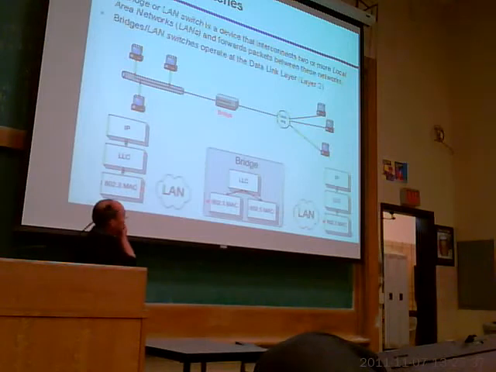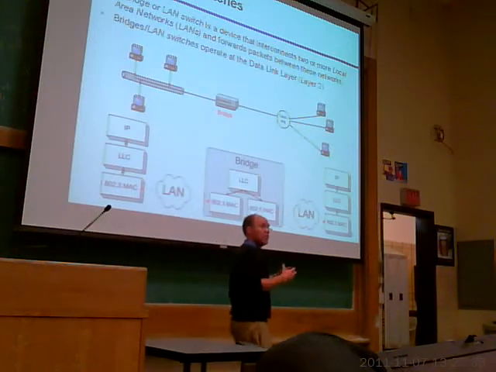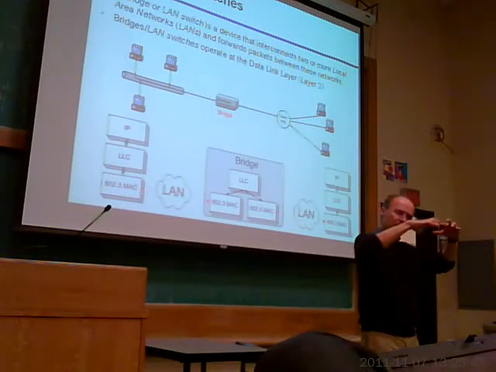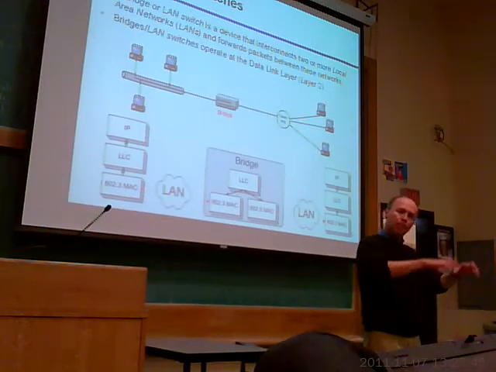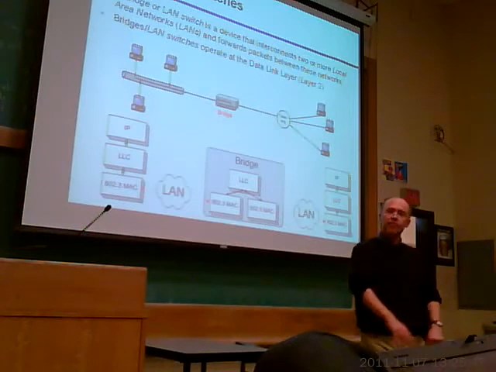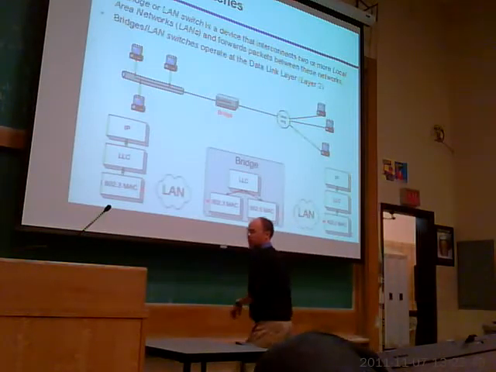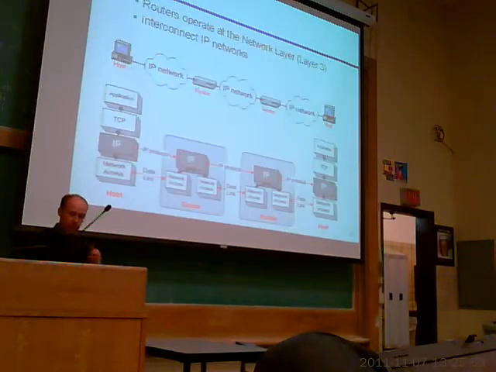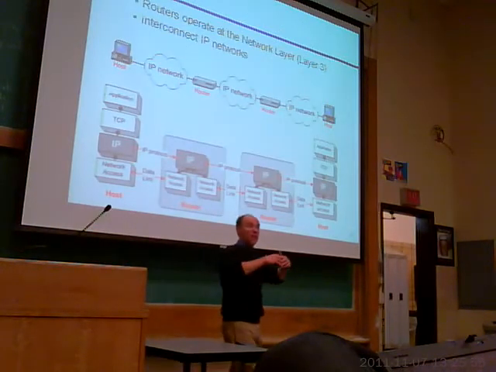Bridges are the same thing as routers, just routing functionality pushed down to the data link layer. So let's look at routers maybe first. When we look at routers, this is our picture of the router world.